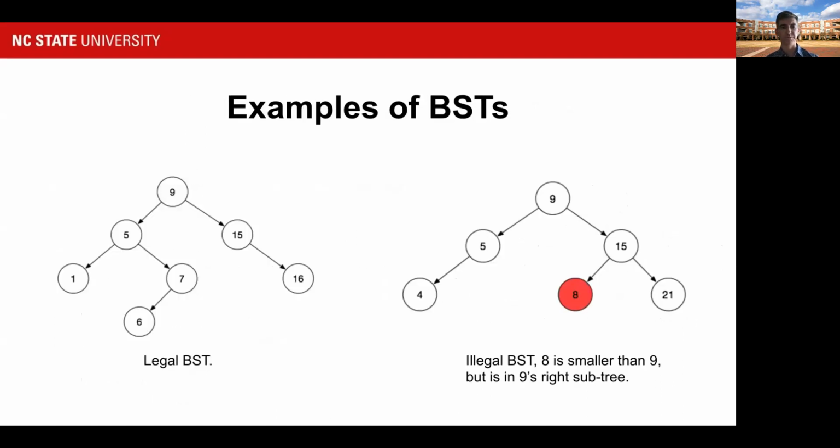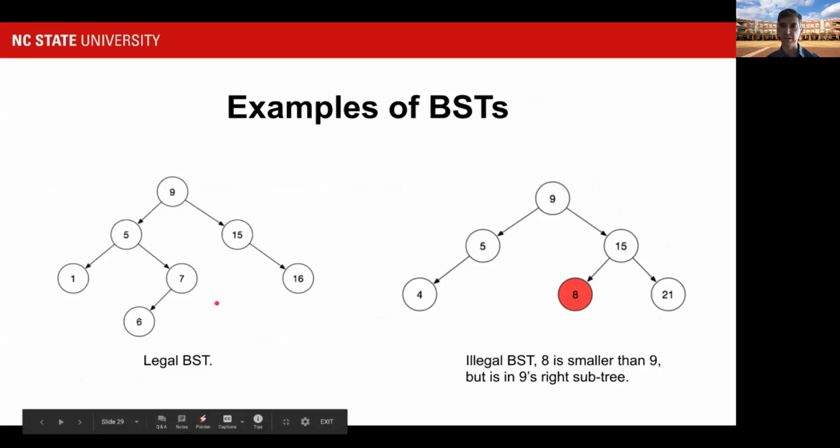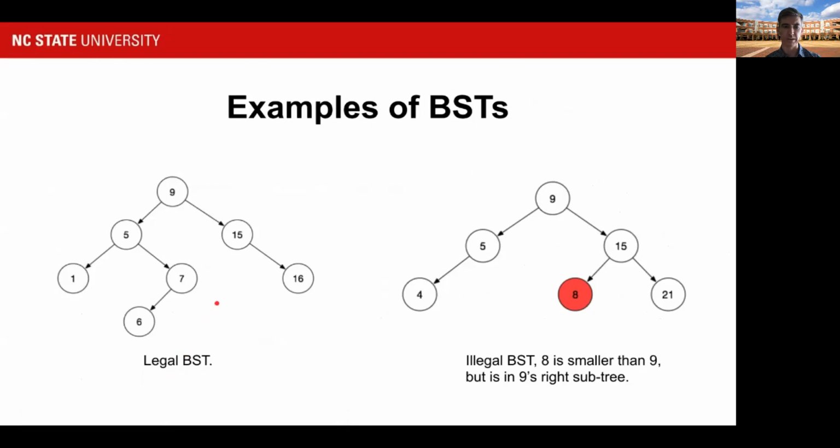Now let's take a look at some examples. This tree over here on the left is a legal BST, a legal binary search tree. And all I mean by legal is that all of its nodes adhere to this rule. So let's take a look at it. If I look at node 7, then 7 is greater than or equal to 6, and there's nothing on its right, so it trivially satisfies that case. 1 is less than or equal to 5, and 5 is greater than or equal to 1, and 5 is less than or equal to 7 and 6.